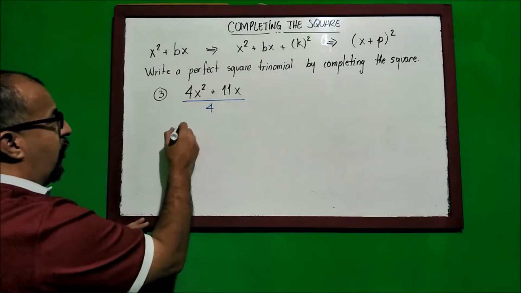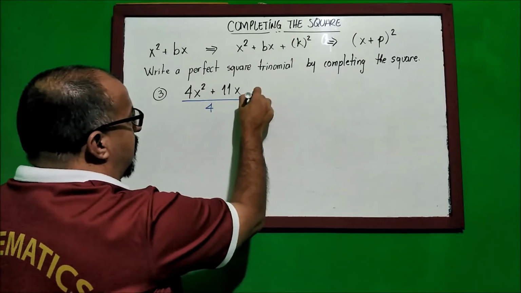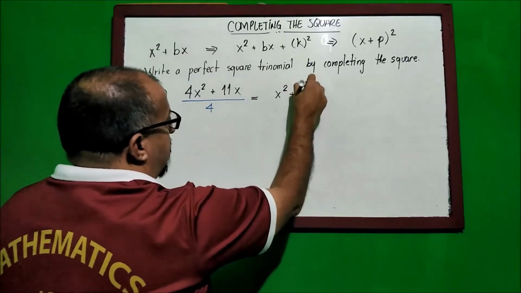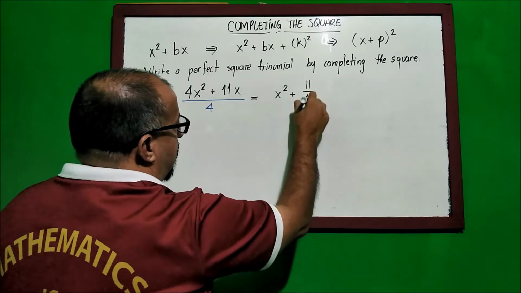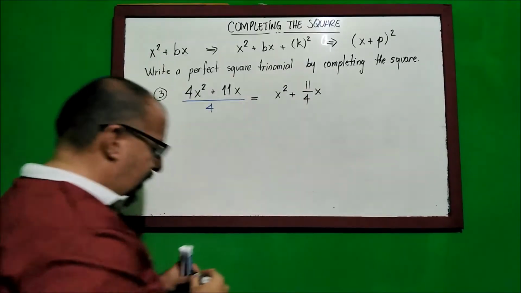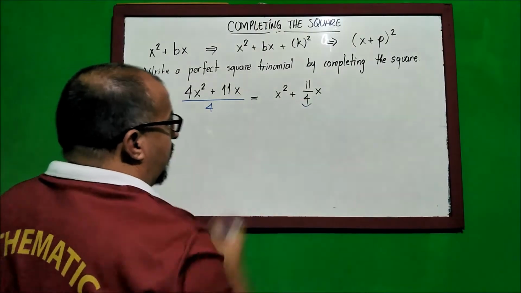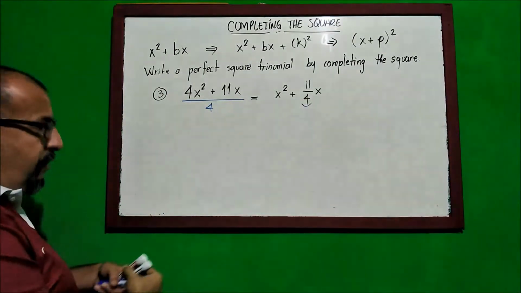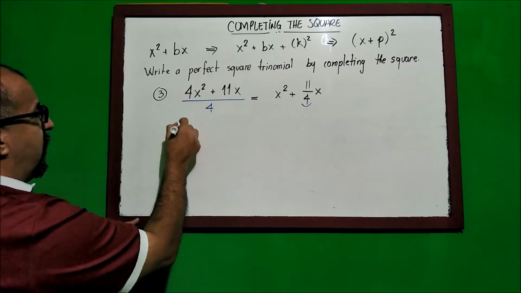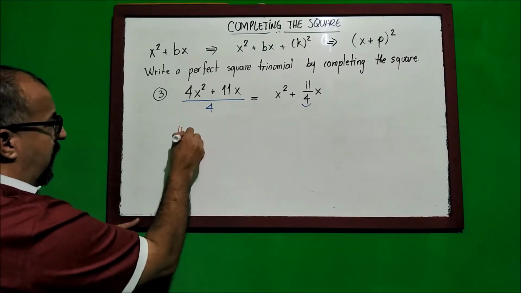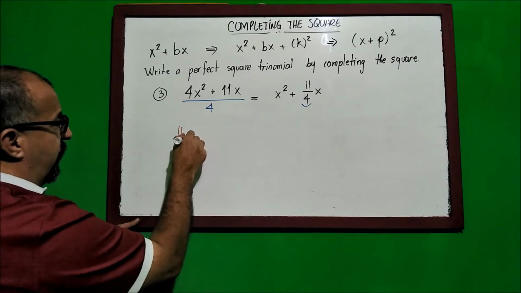So this expression now becomes x squared plus 11/4 of x. So what we're going to do now is identify who is b in this case, and it is 11/4. So we're going to take in here 11/4, and this expression we're going to divide it by 2.